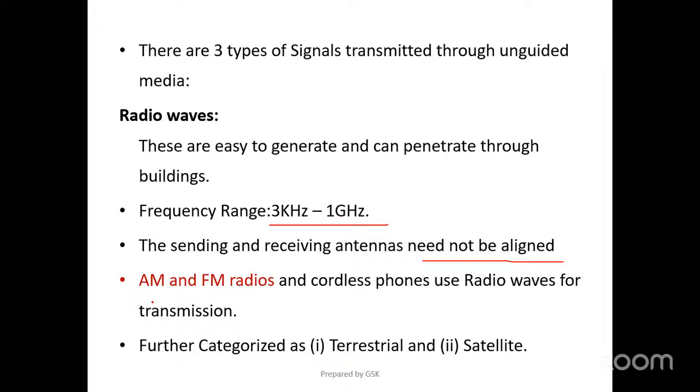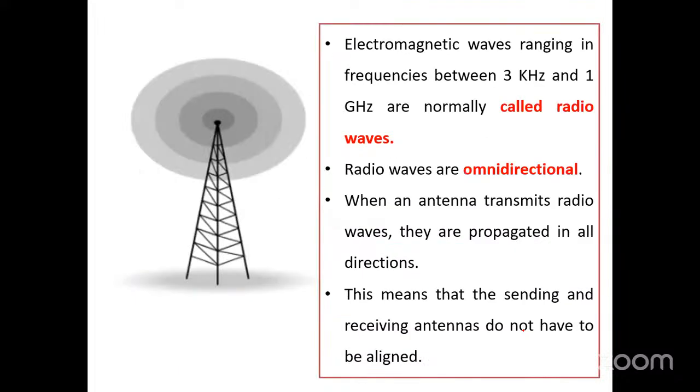FM radio, AM radio and cordless phones use radio waves for the transmission of data. These radio waves are further categorized as terrestrial and satellite. This is brief information about radio waves.